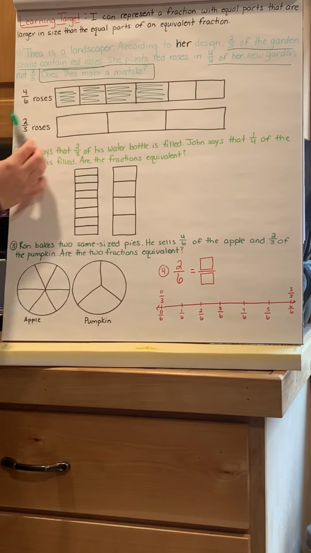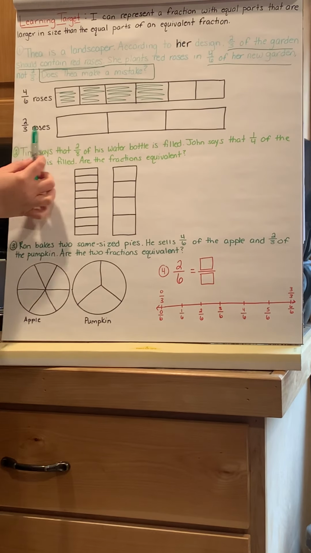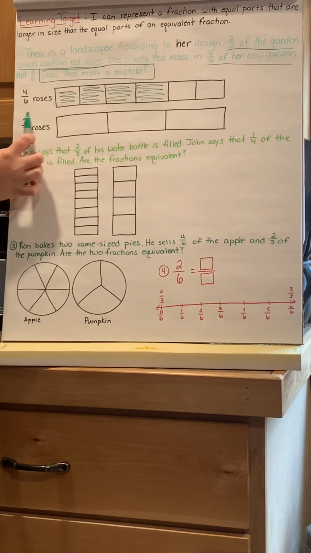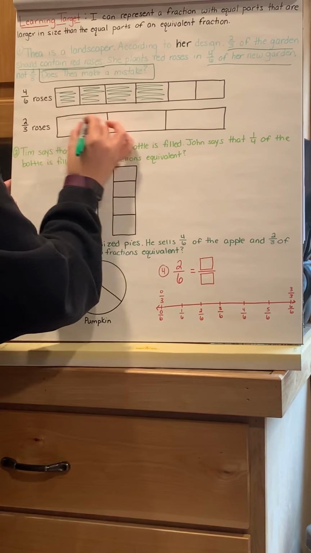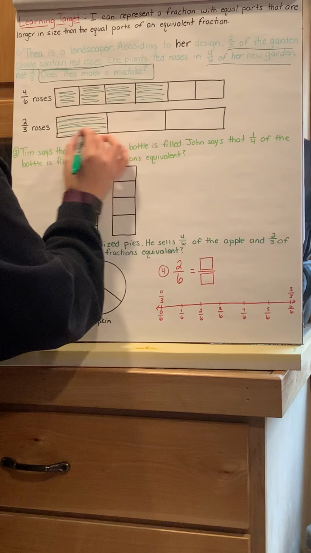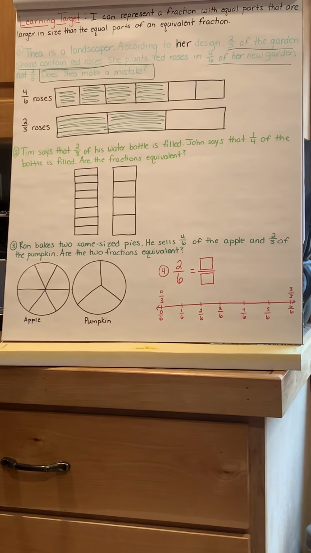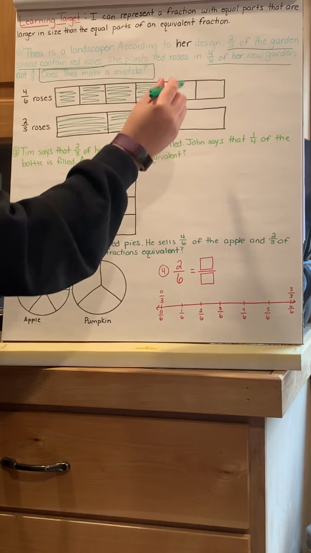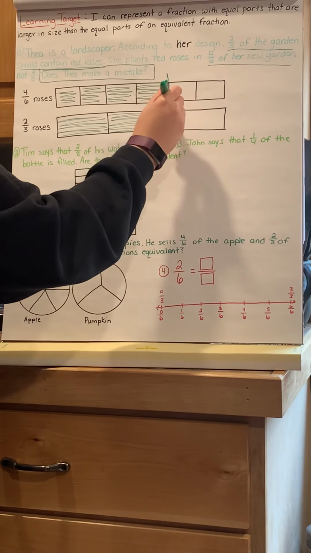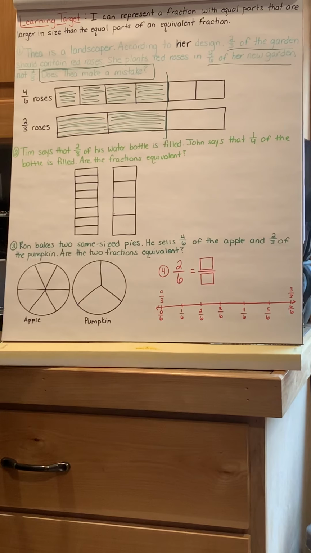So now I'm going to come down to my 2/3, and I have it split into 3 equal parts. Now I need to fill in those 2 parts, because that's how much she had for the roses. So, looking at these 2 fraction strips, I can see that my 4/6 has the same distance as my 2/3.